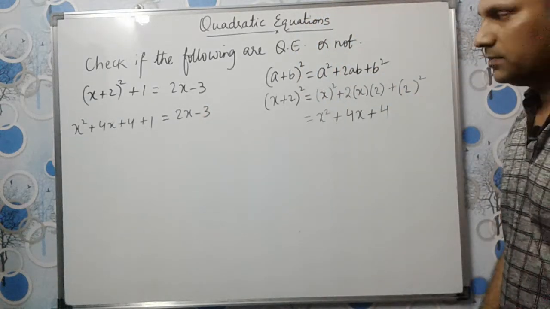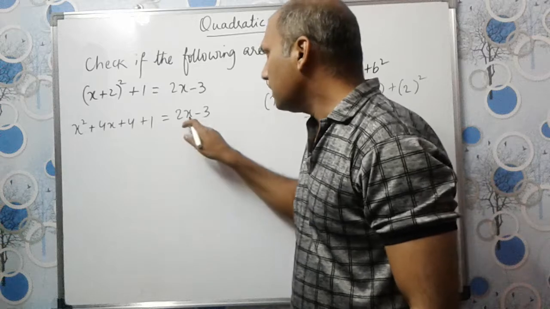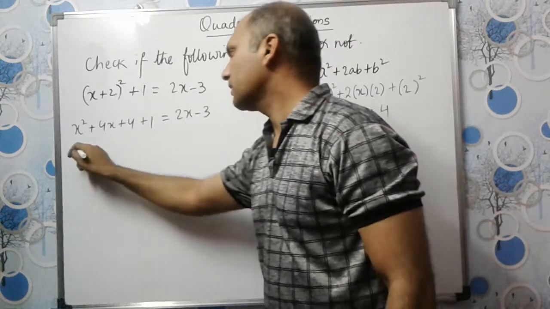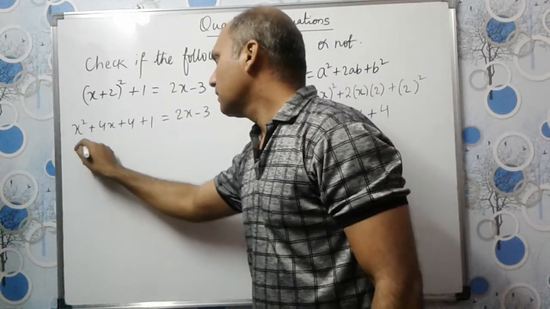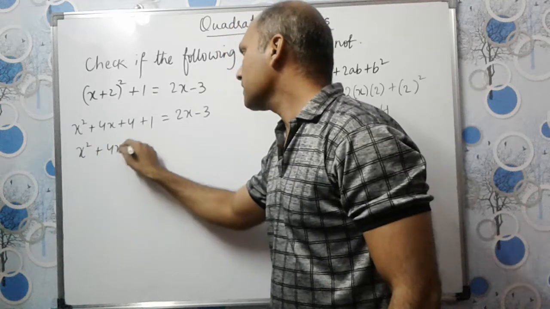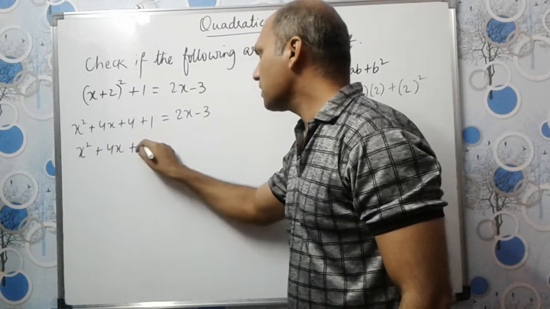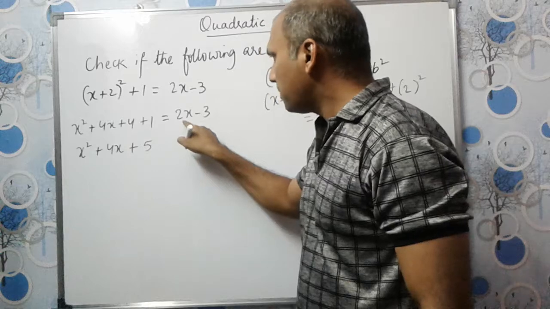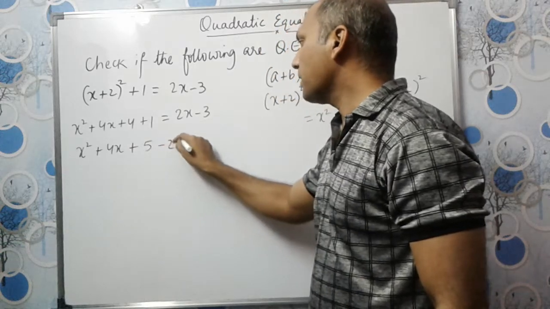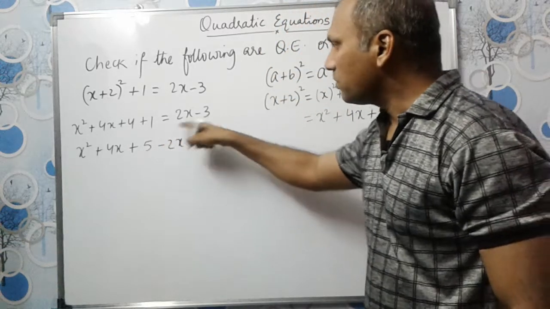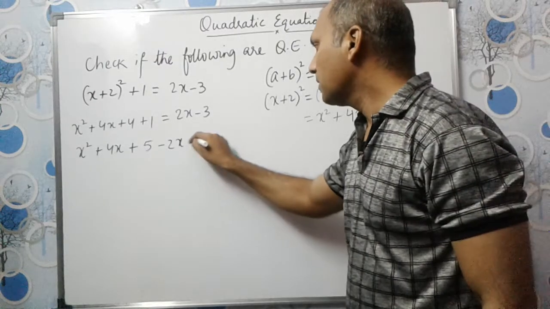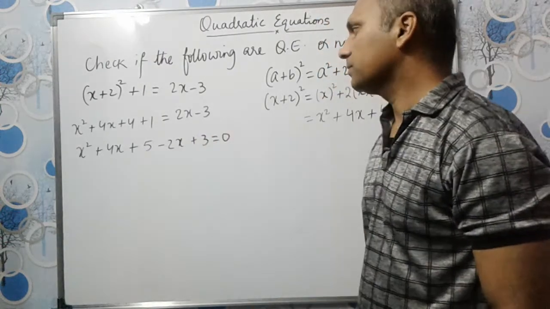Okay, I hope you understood this step. Now let us bring these two terms on the other side. X square plus 4x plus 4 plus 1 is how much? 5. This plus 2x goes on the other side, becomes minus 2x. This minus 3 goes on the other side, becomes plus 3 is equal to 0.